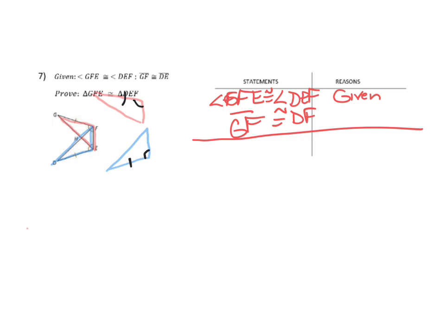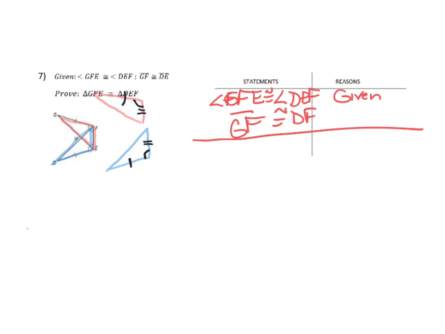Now, this is a little bit trickier because the triangles overlap. You're looking at what side they'd have the same. Ultimately, that is this side here and this side here. Those two sides land on top of each other in the triangles right here. So FE in the blue triangle is the same as FE in the red triangle. That segment does not change its length.